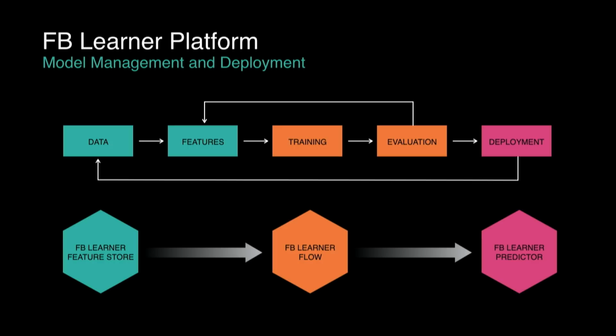We have the FB Learner feature store for handling all of the data, doing feature engineering. And then when we move on to training, we have FB Learner Flow, which hides the complexity of doing scheduling, allocation of the machines, and detecting whether or not the model is better than the previous model. And then finally, we have FB Learner Predictor for deploying out into production and tracking whether there have been any regressions.